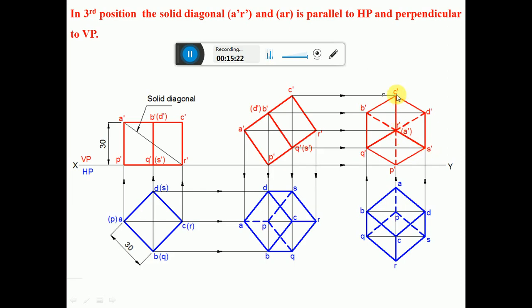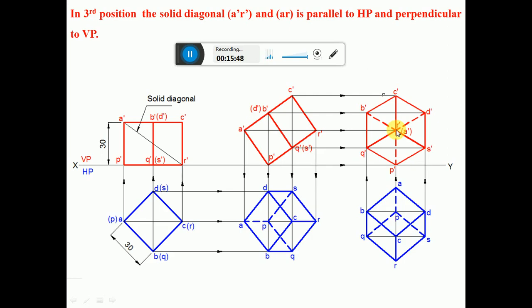Now it comes to this point. Since A is the extreme point, when you look from the front view, A is at the farthermost point from the observer. So A becomes invisible. Once A becomes invisible, naturally all the edges emanating from that point will also automatically become invisible.